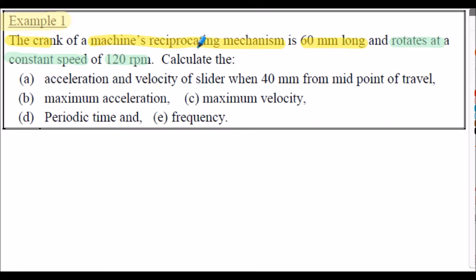We're asked to calculate, part A, the acceleration and the velocity of the slider when it's 40 millimeters from the midpoint of travel or the equilibrium position. Part B, we're asked to calculate the maximum acceleration. Part C, the maximum velocity. Part D, the periodic time. And part E, the frequency.